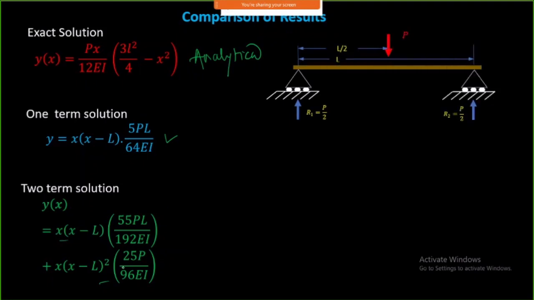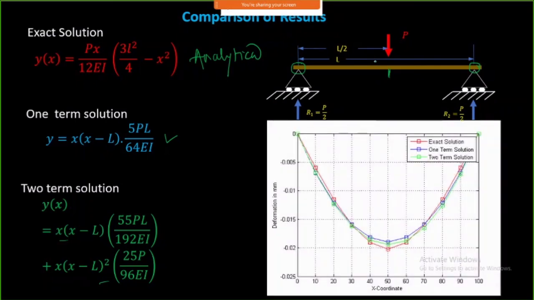So this is the beam. My displacement should be 0 at this location and this location. My moment should be maximum at this location, and my displacement also should be maximum at this location. You can look at the comparison here.